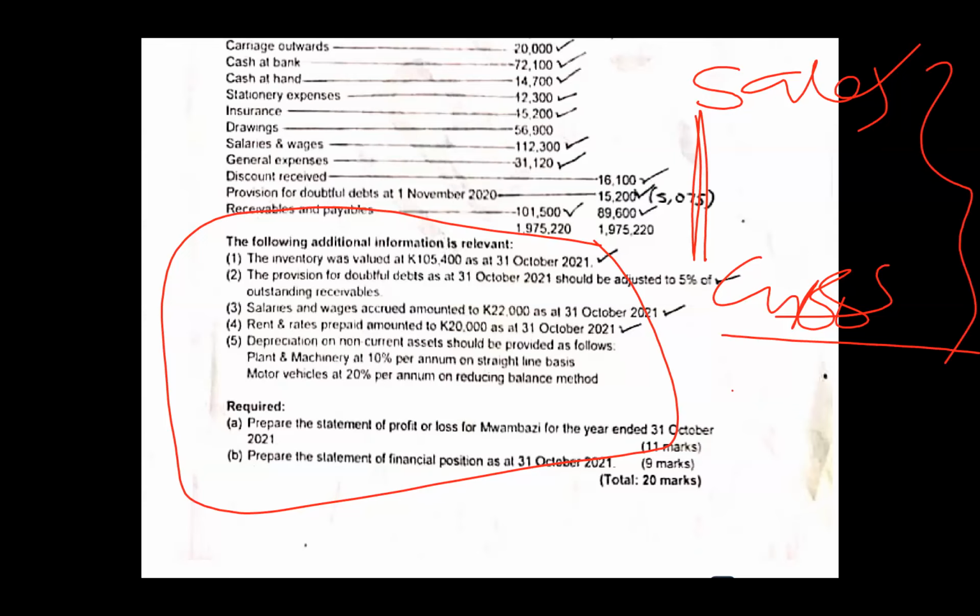The rest of the adjustments affect other income, like provision for doubtful debt. We will calculate it, and the expenses we'll put under the expense column.